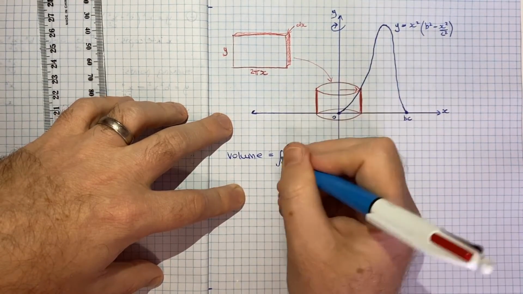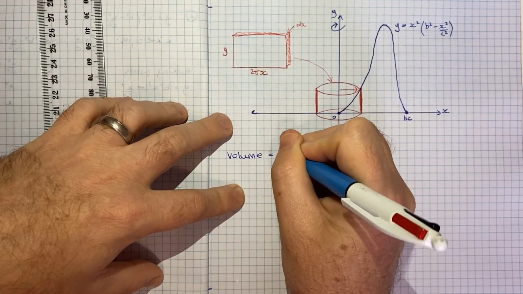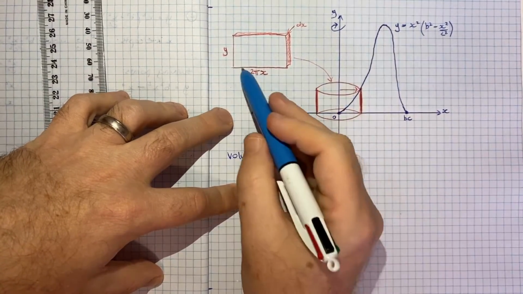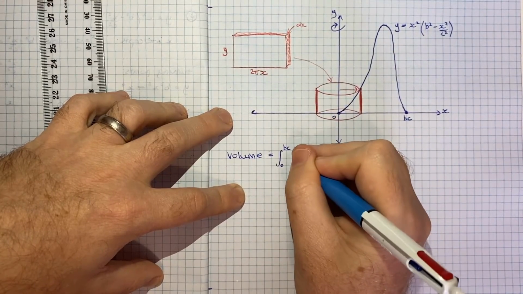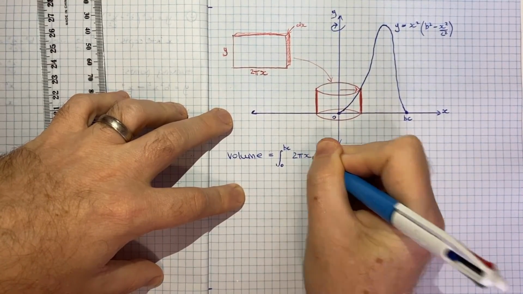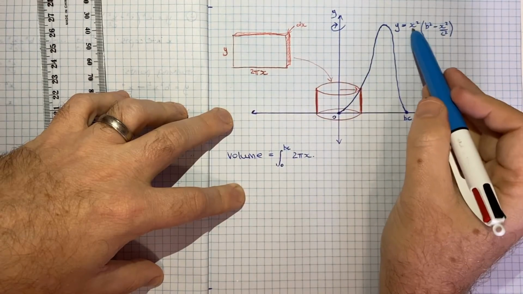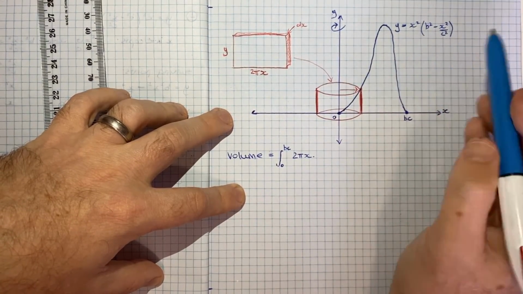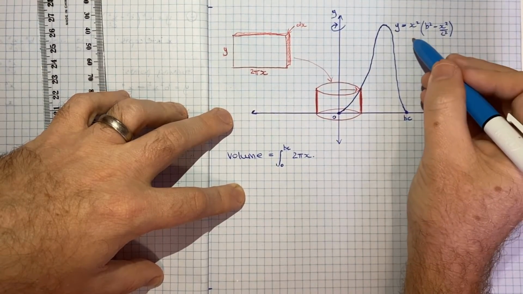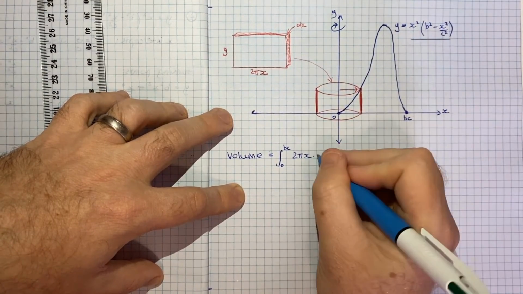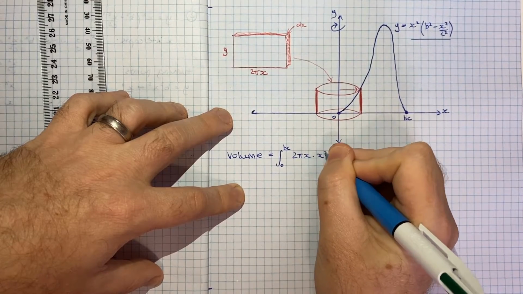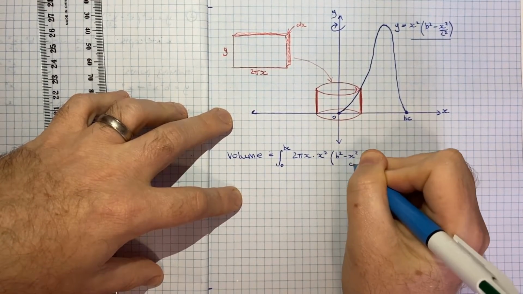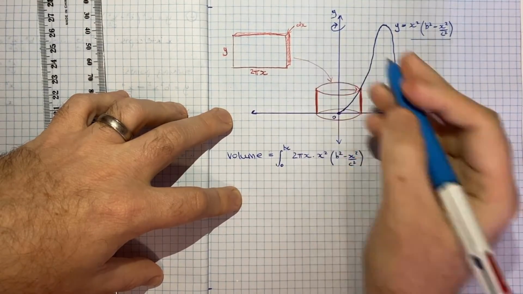So it will be between 0 and bc, and it's going to be 2 pi x times y, and we have y in terms of x, and because we're going to integrate with respect to x, we should write y in this form. So it will be times x squared bracket b squared minus x squared on c squared, and then times dx.